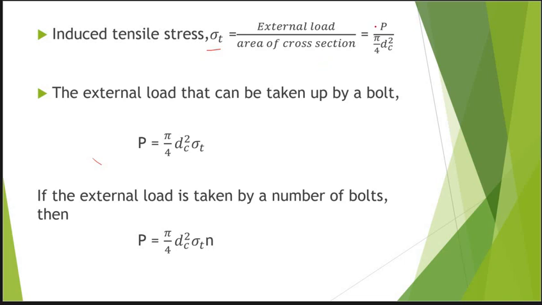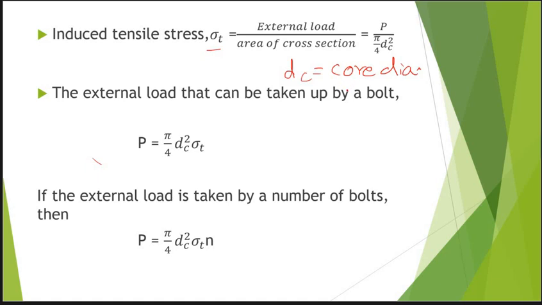The external load I am denoting as P, and the threaded member will generally be circular in cross section, so the area is pi by 4 dc square, where dc is the core diameter or root diameter. We have already discussed what is meant by D and dc, the core diameter or root diameter of the bolt.